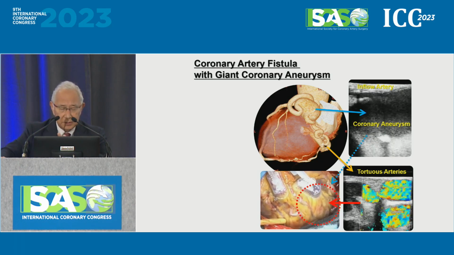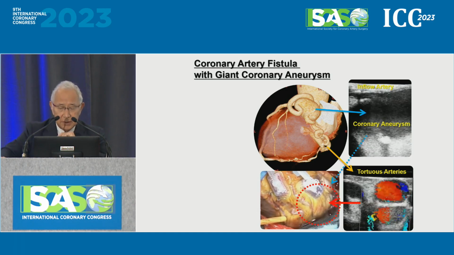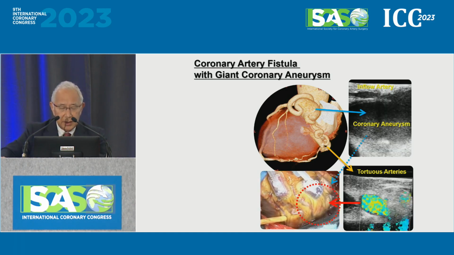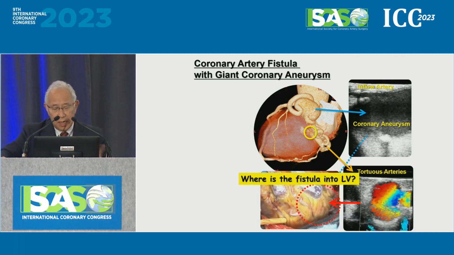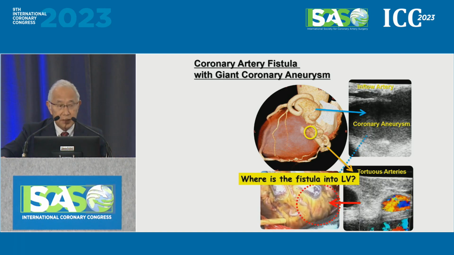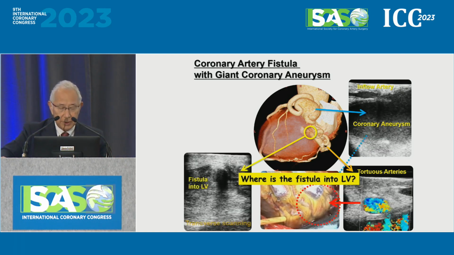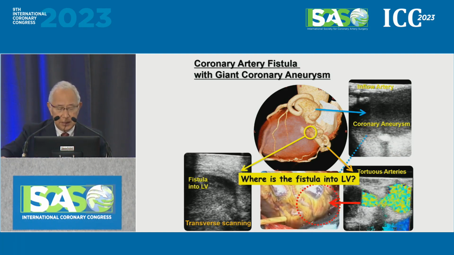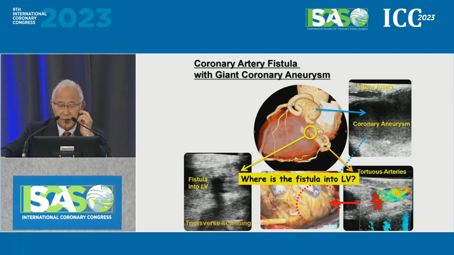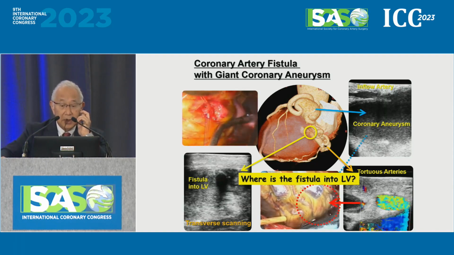Of course, for this kind of typical case, I take out the aneurysm and make a direct anastomosis, and also ligate the fistula. But in the actual view, where is the fistula into the right ventricle? I can't find it by eyeballing. So I put a probe over it, and then I can clearly see where the fistula is, and pinpoint, I dissected it and ligated it.